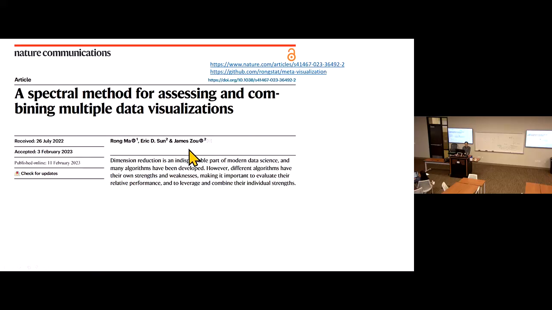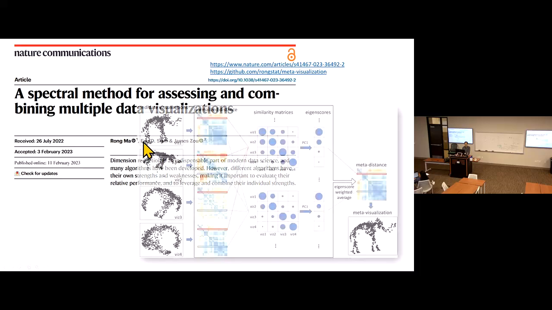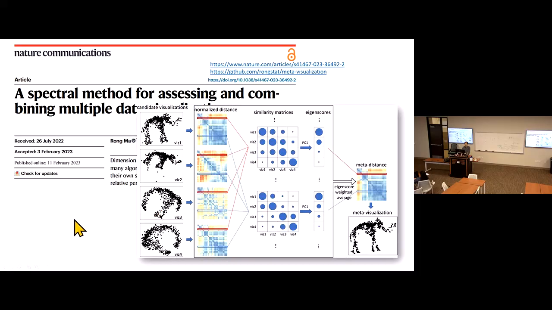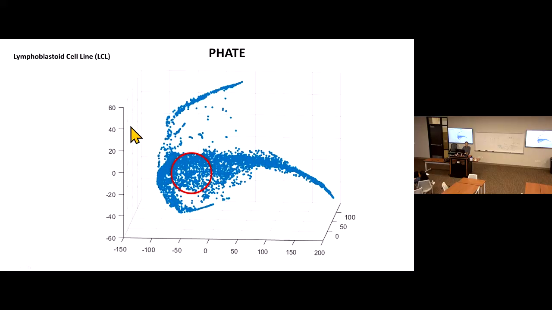So we picked this. There's a new algorithm developed for combining different visualizations to get a so-called meta visualization. If you pick a paper like this, you should be able to do your homework easily. So what we did was use FATE to look at the embedding projection in 3D.